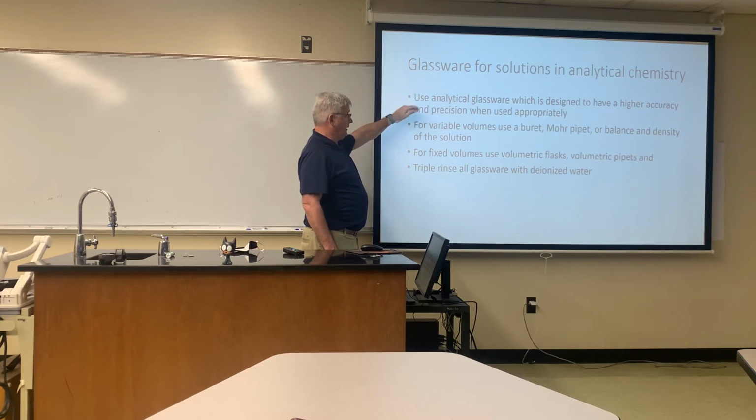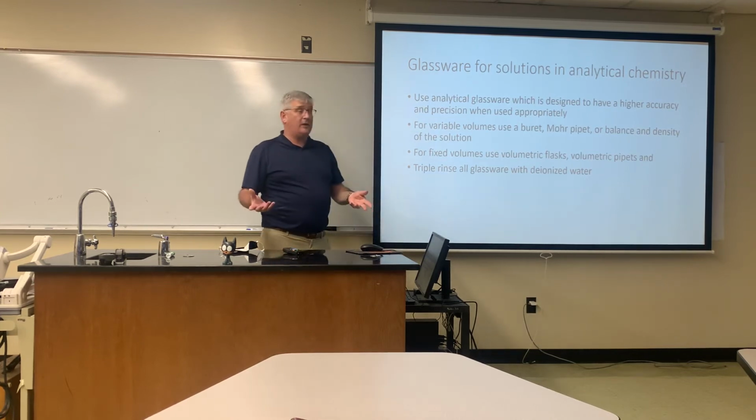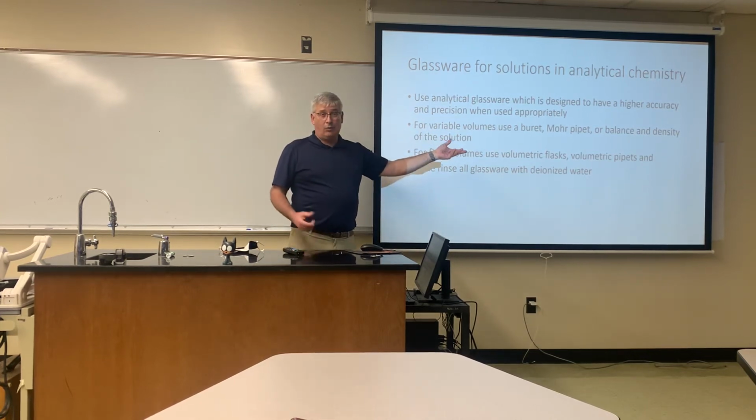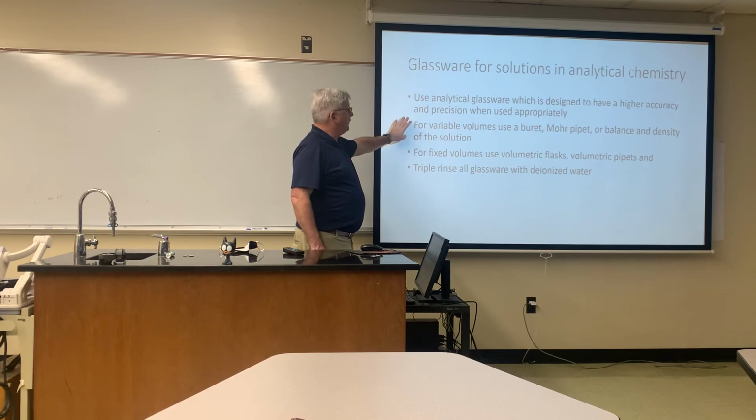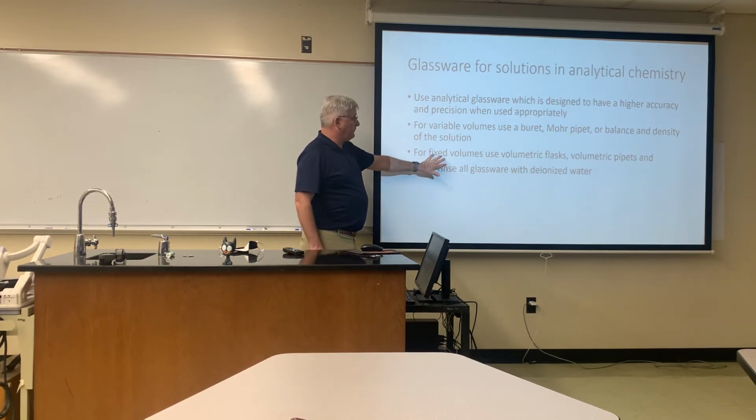If I have a variable volume that I need, then I can use something like a Mohr pipette, or if I know the density of my solution, I could even weigh the amounts of material to make the right ratio, which would be a very accurate way to do it. If I'm doing fixed volumes, I use volumetric flasks and volumetric pipettes.